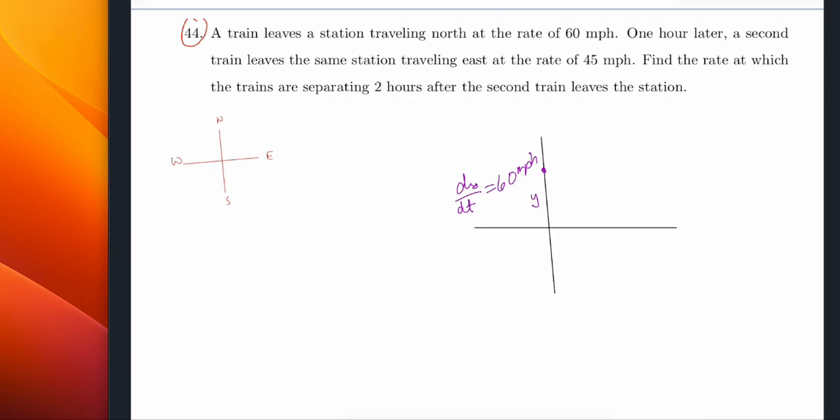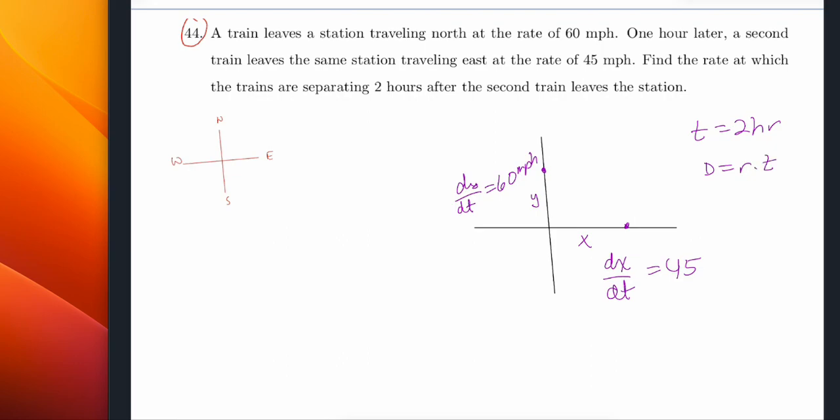Okay. It says 1 hour later, a second train is traveling at a rate of 45 miles per hour. Find the rate at which the trains are separating 2 hours after the second train leaves the station.